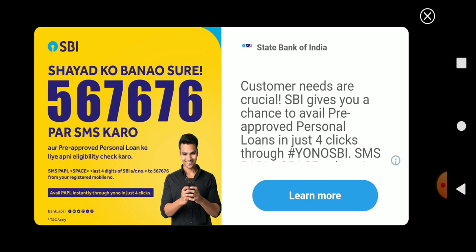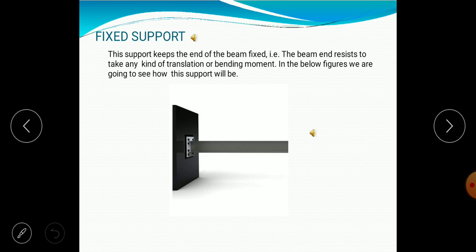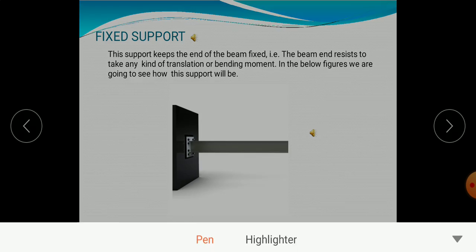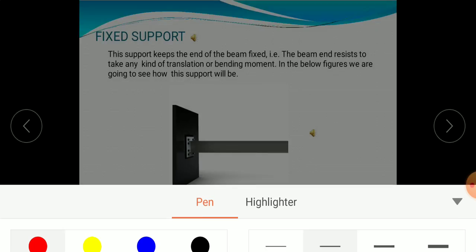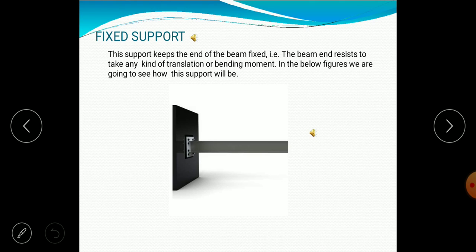So let us discuss the first one, that is fixed support. A fixed support is a support which is fixed in all directions. Before discussing the supports, first we have to know the three equilibrium equations which act on a support.